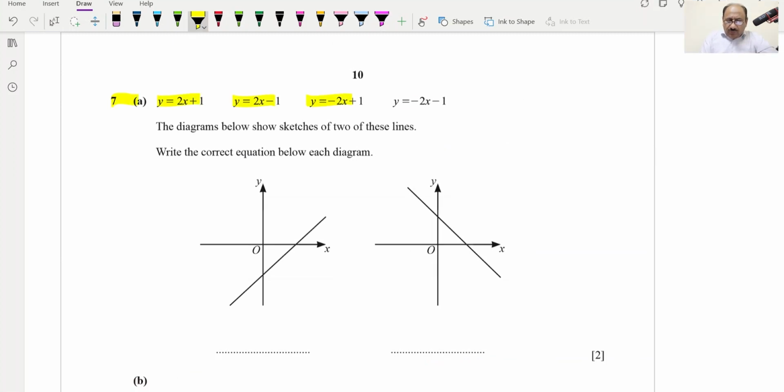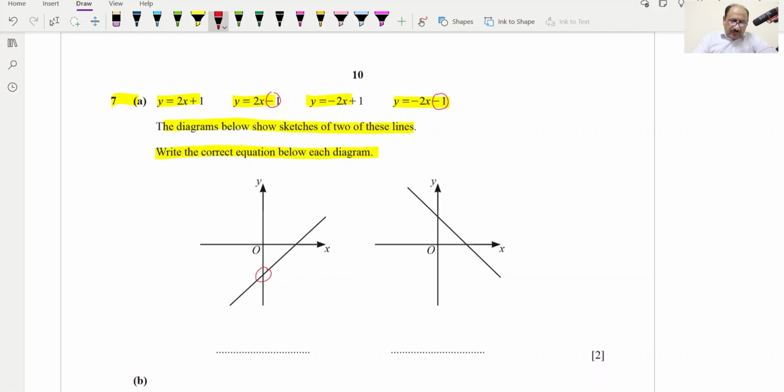Question number 7, A part. 1, 2, 3, 4 equations of straight lines are provided. The diagram below shows sketches of 2 of these lines. Write the correct equation below each diagram. So we can figure out that this is having a negative y-intercept, so the negative y-intercept is this one and this one.